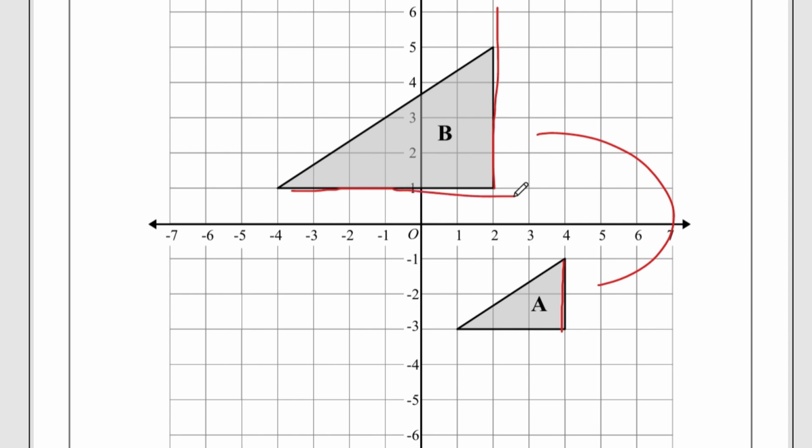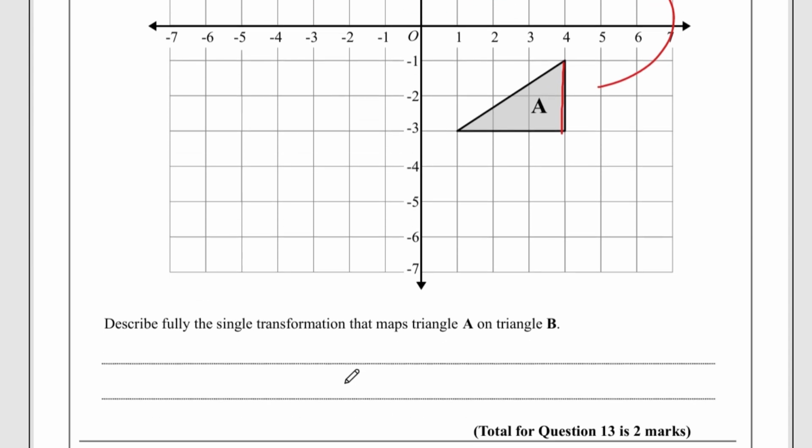Another thing, this is 1, 2, 3, 4, 5, 6, and this is 3. So definitely it was multiplied by 2. So this is an enlargement by a scale factor of 2.